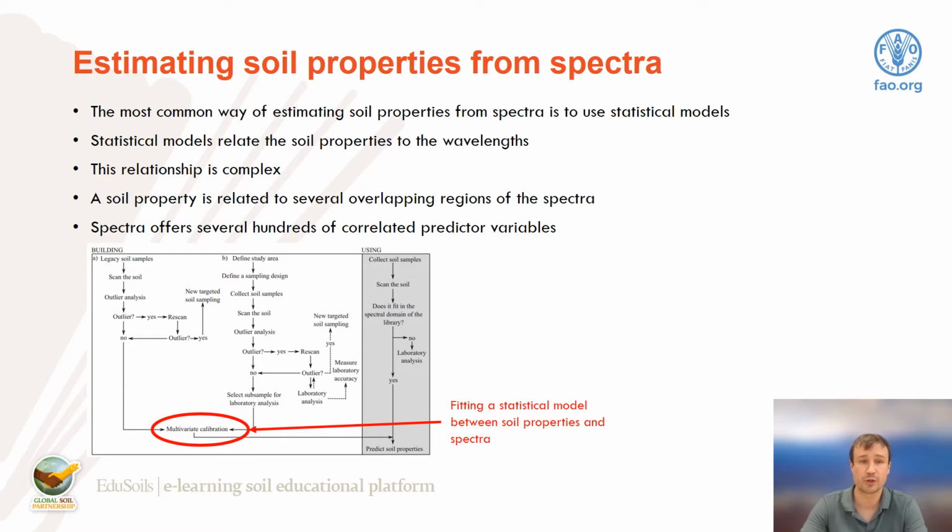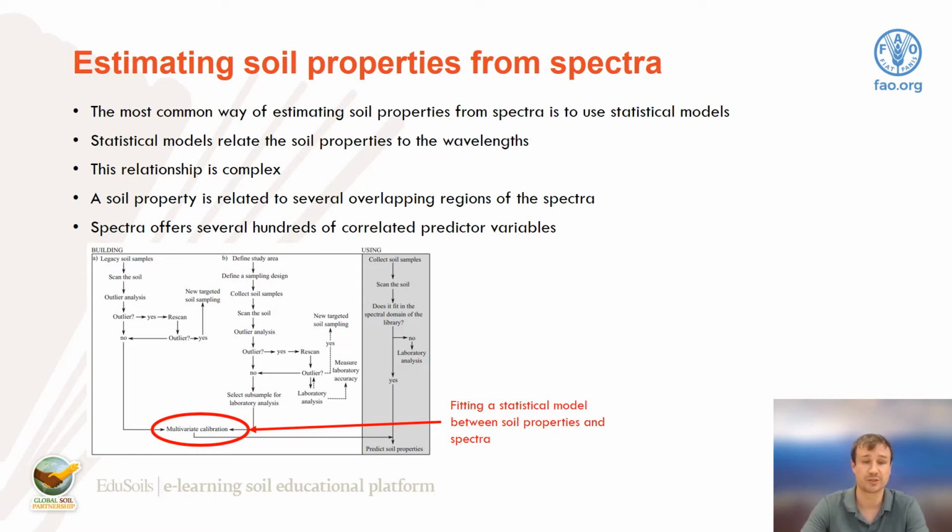The most common way to do that is to fit a statistical model between the soil property of interest and the spectra. Remember from the first lecture, I explained that this relationship between spectra and soil property is very complex, because a soil property, for example the clay content, is not related to a single wavelength, but to a combination of interacting and overlapping regions in your spectrum.